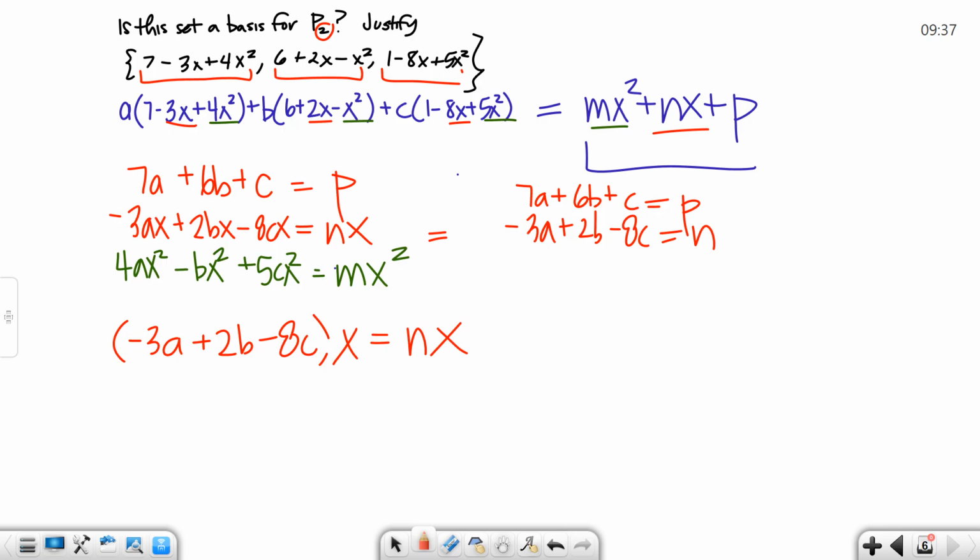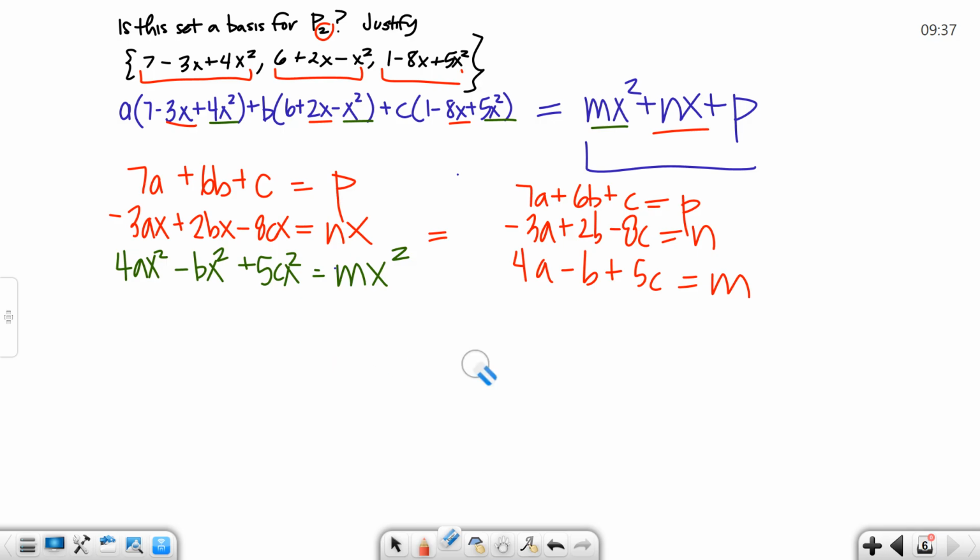Now, the same thing would hold for the green one as well. We would have 4a minus b plus 5c equals m. Now, the x is all great and all, but what we're solving for here is the a and the b and the c.